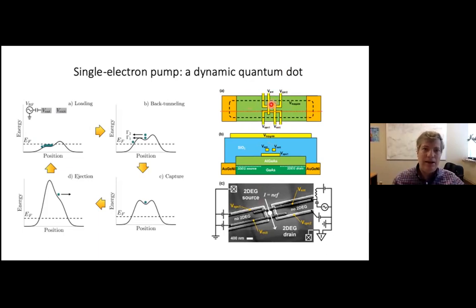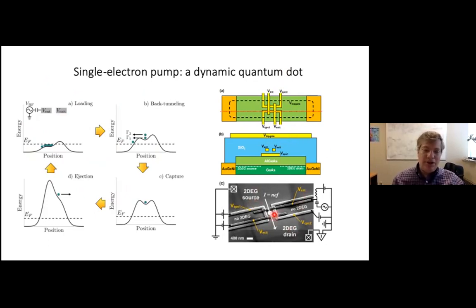And then the 2 vertical gates that I've labeled V entrance and V exit form the tunnel barriers. And so what we're going to do is apply the RF voltage, RF plus a DC voltage, to the entrance gate and vary that left tunnel barrier and hold the V exit fixed. And that gives you exactly these steps that are shown schematically here.